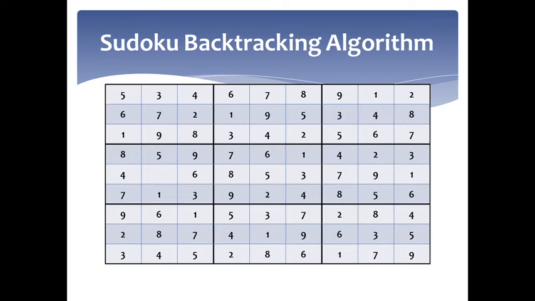We now have this new Sudoku board, which is a candidate to the solutions, and we try to solve the remaining empty cell. Again, we first locate the empty cell, then we try the values from 1 to 9, starting with 1, and we see that the value 1 does not satisfy some of the rules, so we try the next value 2.